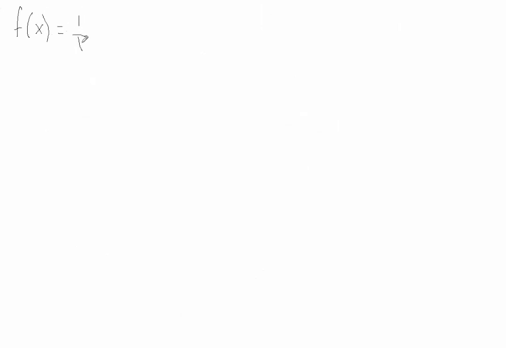So let's take f of x equals 1 over x. And what's that going to look like? Well, as x gets very large, say a million, 1 over a million becomes a very, very small number, 1/1,000,000th. 1 over a billion, 1 over a trillion.